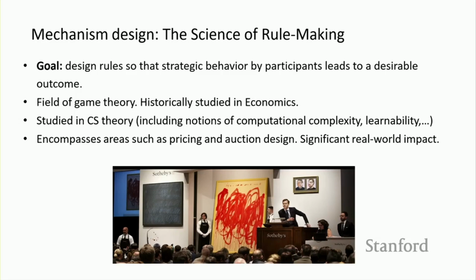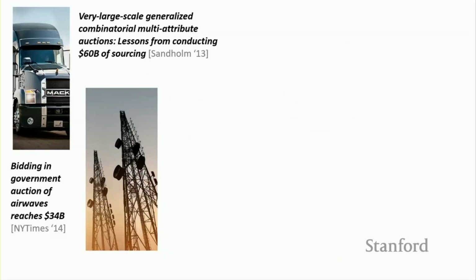I'm showing here an example of an auction, a literal auction, to give a flavor of some of what we'll discuss in the next few minutes. I'll start off with some existing examples of where mechanism design and auction ideas have had impact. One example is the bidding auction process used when some of the spectrum for radio waves was deregulated.